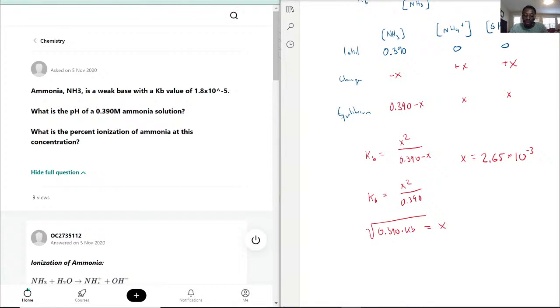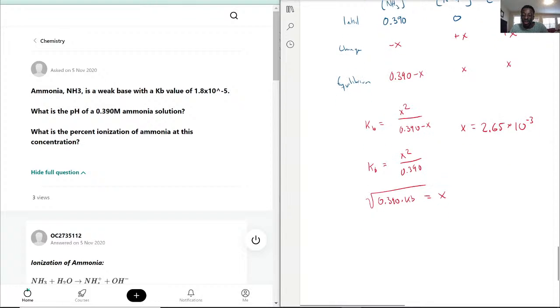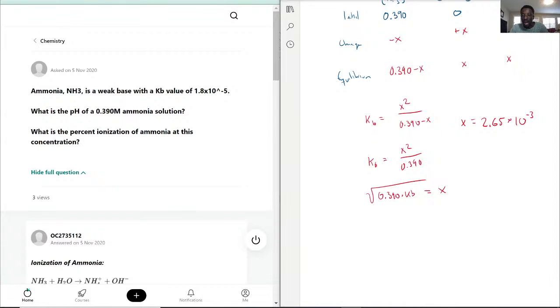So with that being said, okay, now we have our x. So we can actually use this to find our percent ionization. This is pretty much saying that of the concentration of 0.390, 0.265 times 10 to the negative 3 of it was ionized, as in, was actually separated.